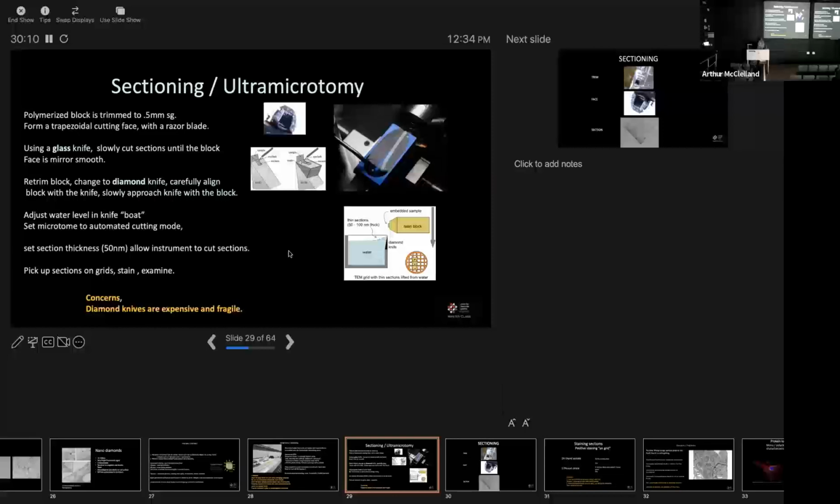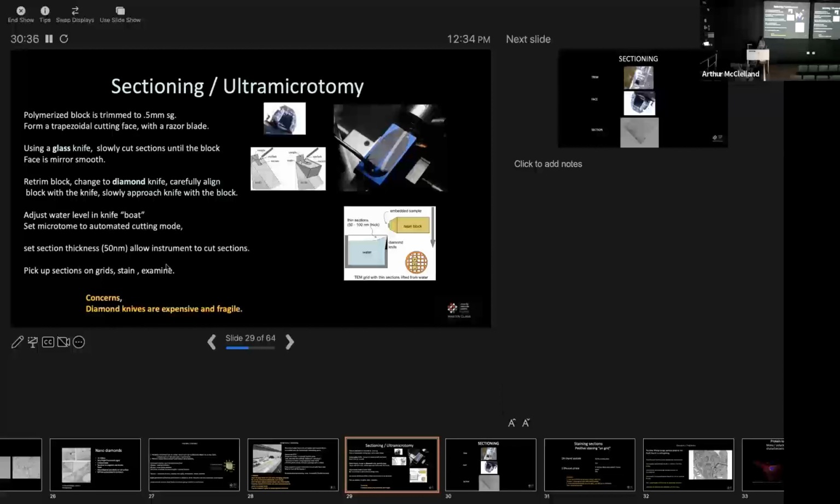You can have naked grids with no substrate, or you can have a carbon film grid. The carbon film grids are probably going to work a little bit better for you when you get to the scope. You'll have less drift of the sections, especially if you are cutting really thin, 50 nanometer sections. They tend to drift a bit underneath the beam.